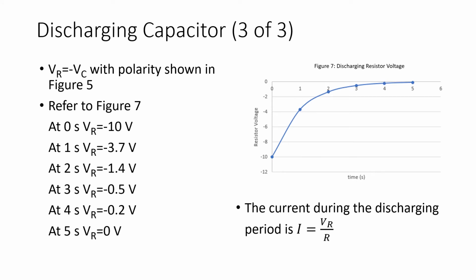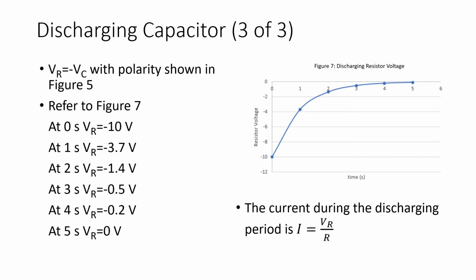Now, in the circuit of figure 5, since the capacitor is the source for the circuit, the voltage drop across the resistor and the voltage drop across the capacitor are equal. Now, we do have to include a negative sign here because the polarity of VR1 changed when the capacitor discharged.